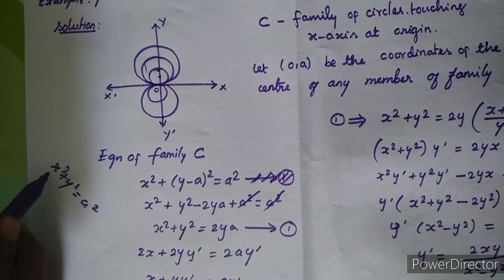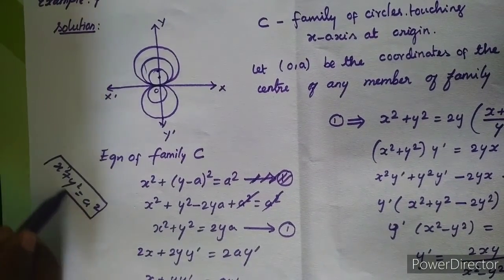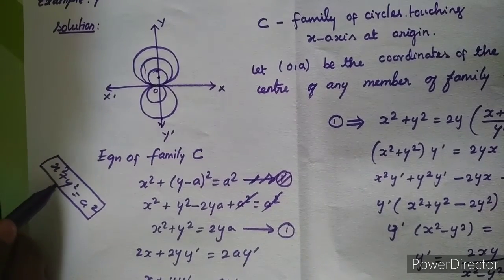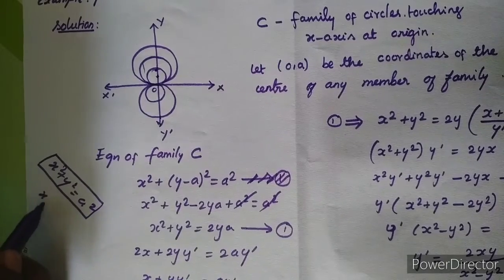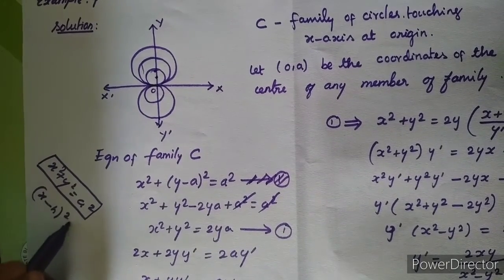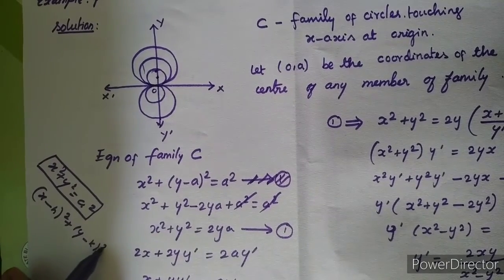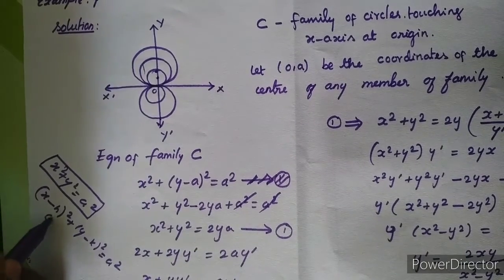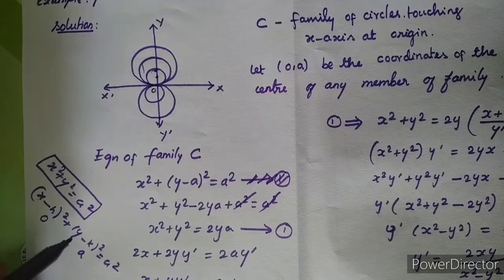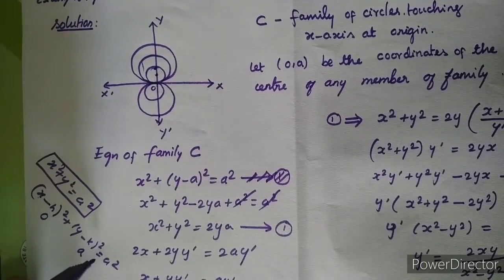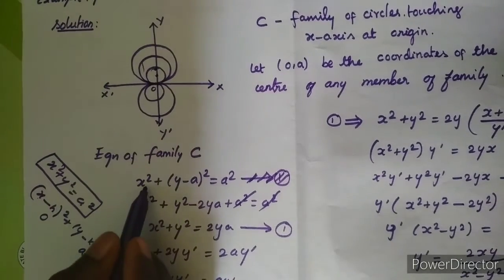Reason: this is center origin (0, 0), that is the circle equation x squared plus y squared equals a squared. Suppose the center is not the origin, then you want to consider (x minus h) the whole squared plus (y minus k) the whole squared equals a squared. Here the h value is 0 and the k value is a. Therefore x minus 0 means x squared, plus (y minus a) the whole squared equals a squared. This is the equation.